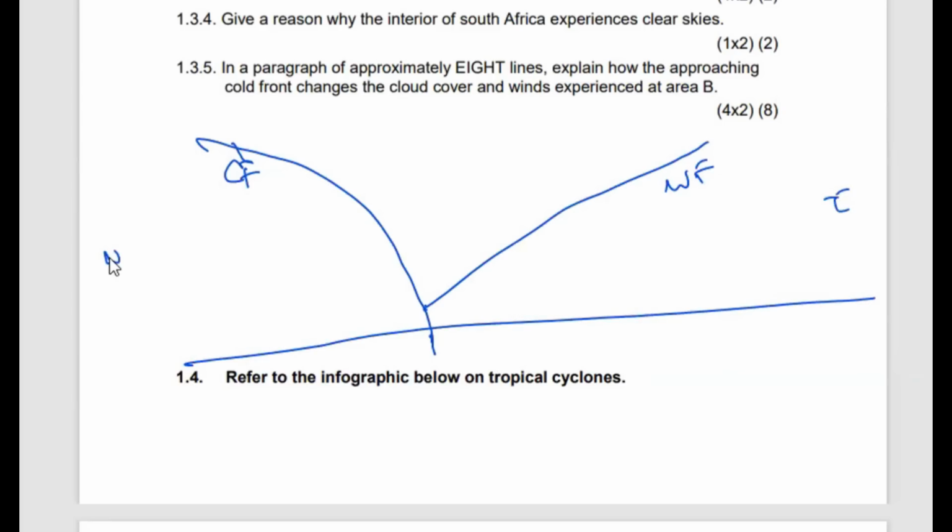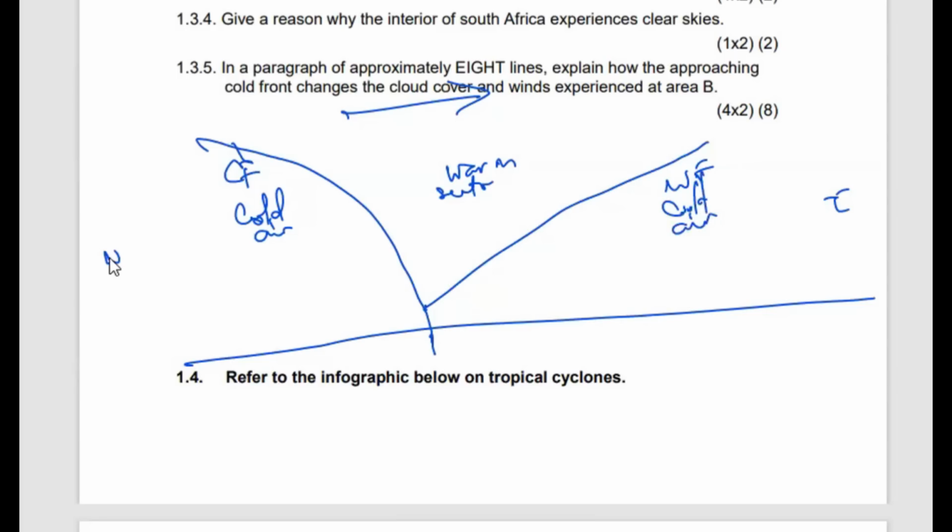The weather system moves in that direction from west going to east. Right. So what will happen is this is the warm sector of the weather system, and this is cool air on this side.